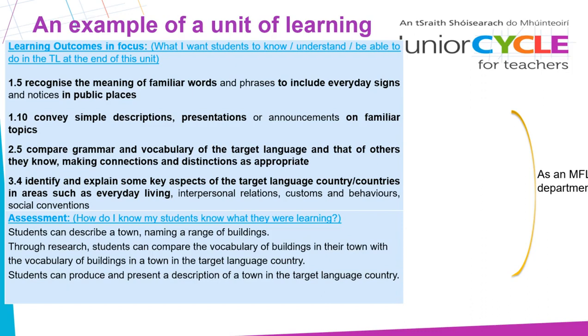Although the focus is on scoring a try, lots of other skills are necessary for this to happen. It is exactly the same for us in a modern foreign languages classroom. We will know that our students have achieved the learning outcomes when they can achieve the assessment.